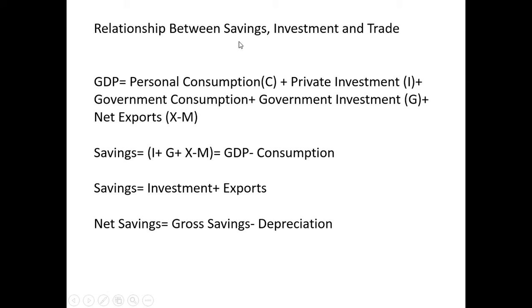For the sake of calculation, as the convention in macroeconomics goes, consumption is divided into personal consumption and government consumption, and thereby, whenever I'm talking about G as the notation of government spending, essentially we are talking about G as government investment.